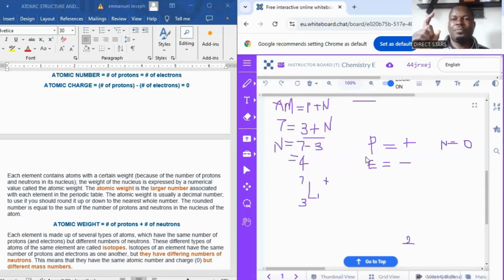If you have fewer electrons, insufficient electrons, then the charge of the particle will be positive. But the proton remains constant. The proton will not change because that is the identity of the element. So my proton here, P, is still 3, but my electron is not.